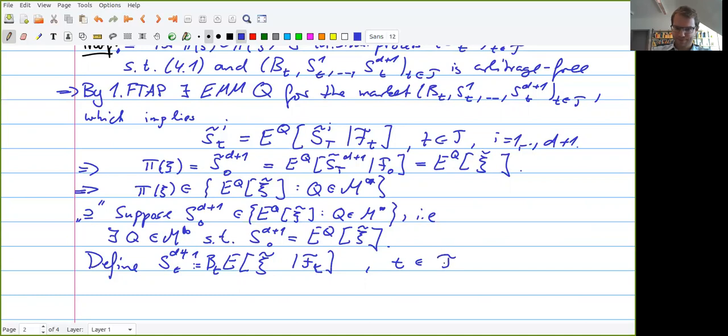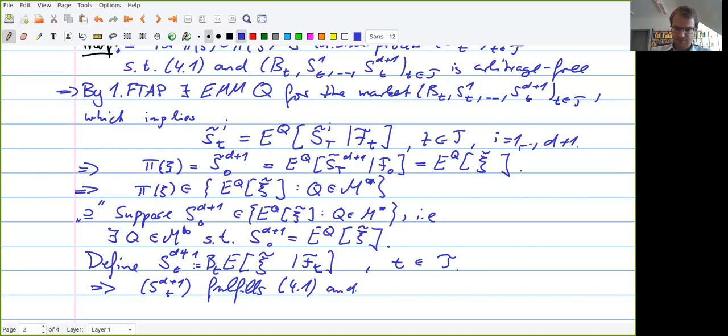Okay. Right, and then what do we get from this? So just to mark: what we see first, as I discussed verbally here, is that our condition 4.1, which are the conditions of an arbitrage-free price process, are fulfilled.